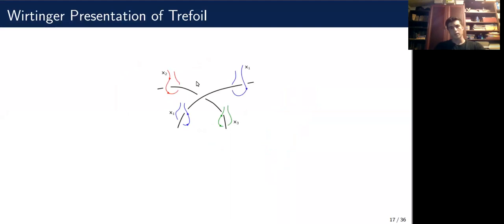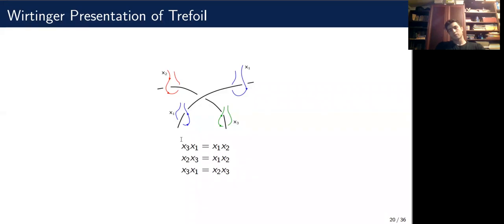At the crossing point, there are three loops around it, and you can see that first taking the path x1 and then the path x3 is equivalent to first taking the path x2 and then x1. So this crossing point gives a relation like this. And we can repeat the same procedure at the remaining crossing points, and that will give us two other relations.